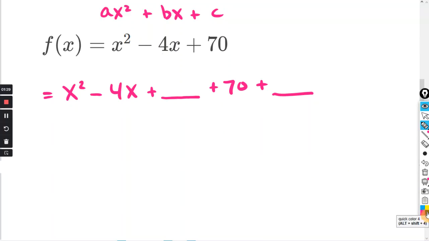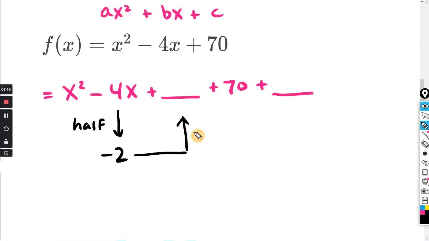Take the number that's with x and take half of it. Half of -4 is -2, and then you want to square it. The -2 gets squared. Use parentheses, please. It's going to be -2 squared.